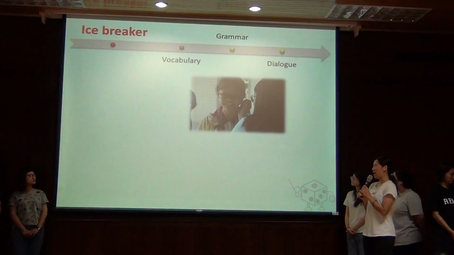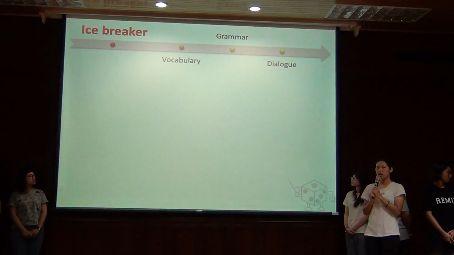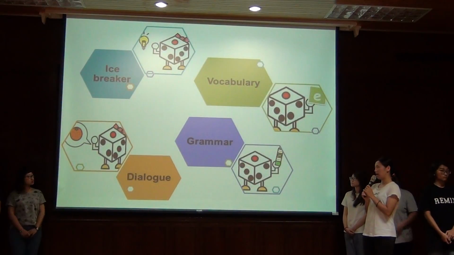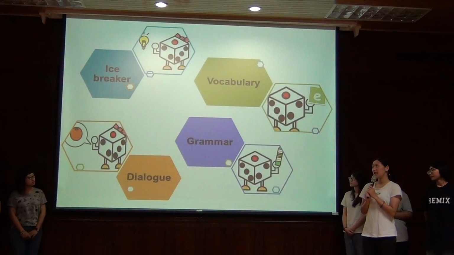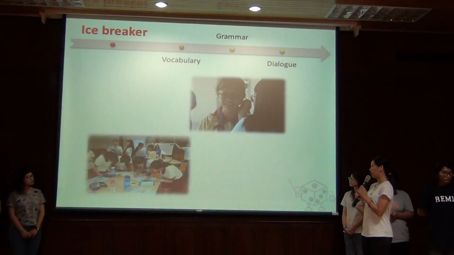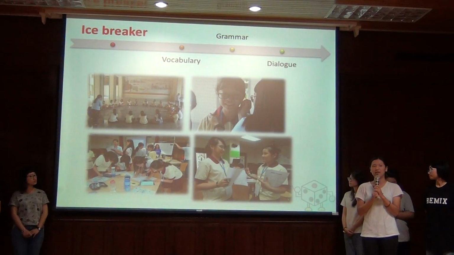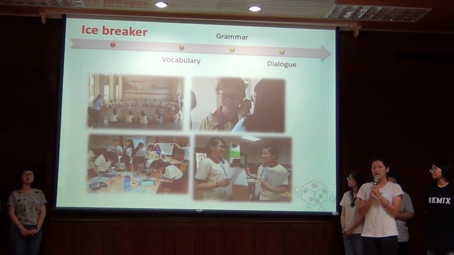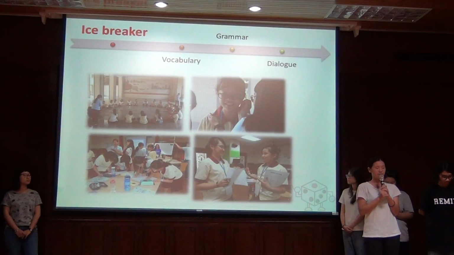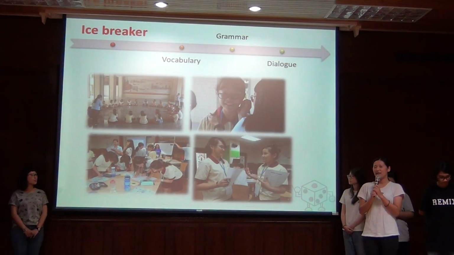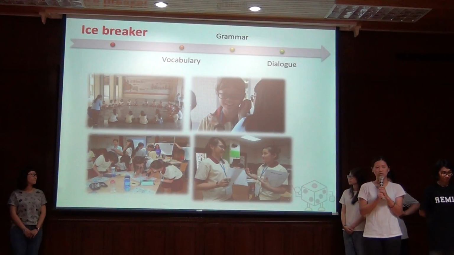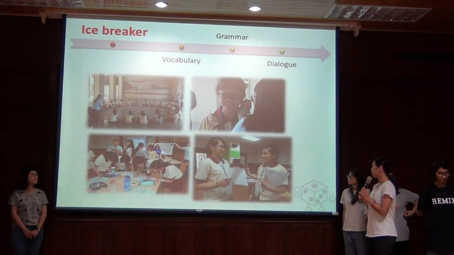The activities have 4 sections: icebreaker, vocabulary, grammar, and dialogue. Let's see the first one, icebreaker. We designed an activity called Hello Friends in the lessons. The students have to go around the classroom. After that, they can exchange information with their classmates.